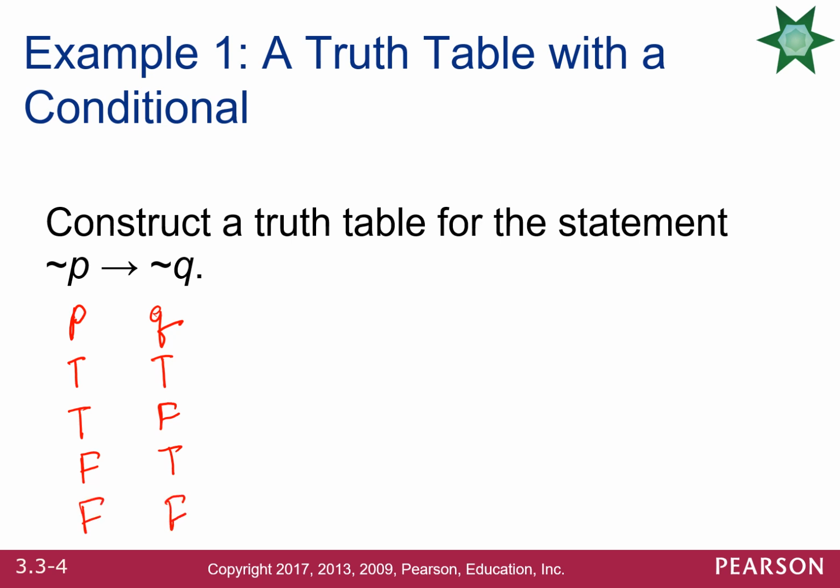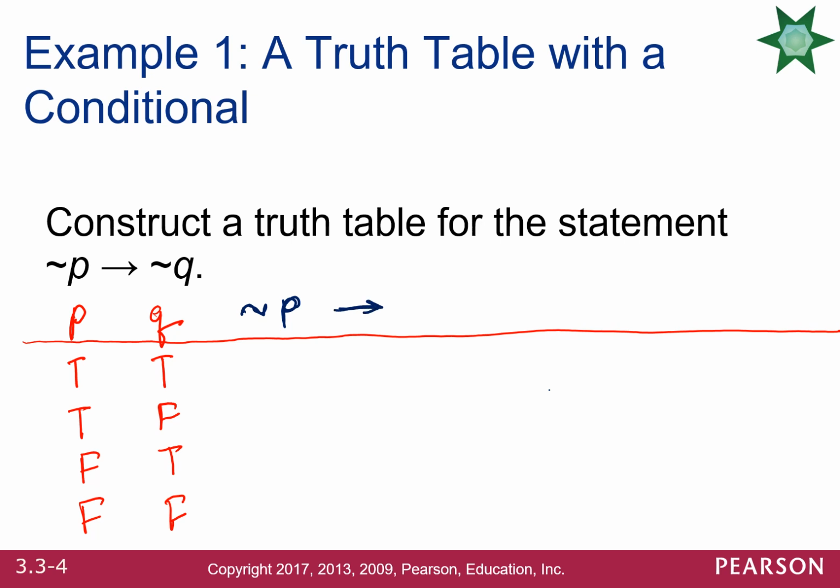So that's P and Q, the first two columns. Then we are going to set up the statement given to us. In the third column, I'm going to write not P, followed by the conditional symbol, this arrow, and then followed by the not Q.